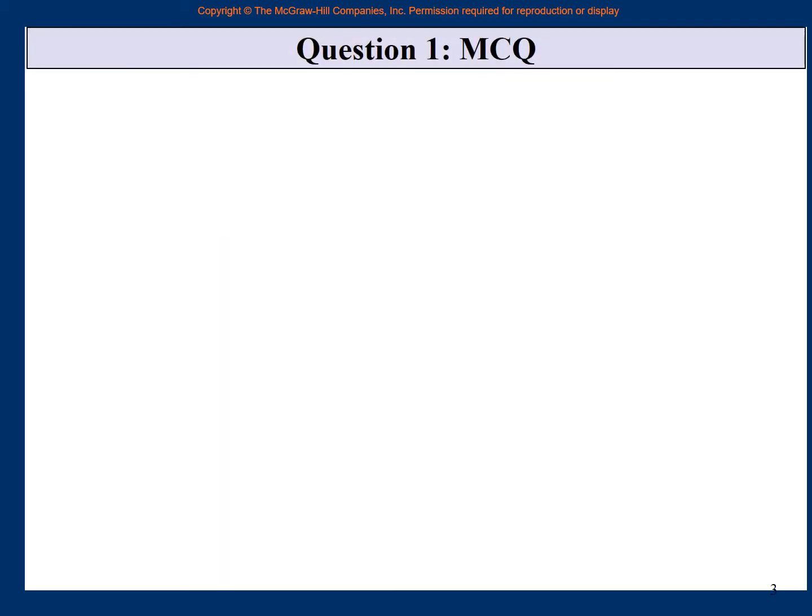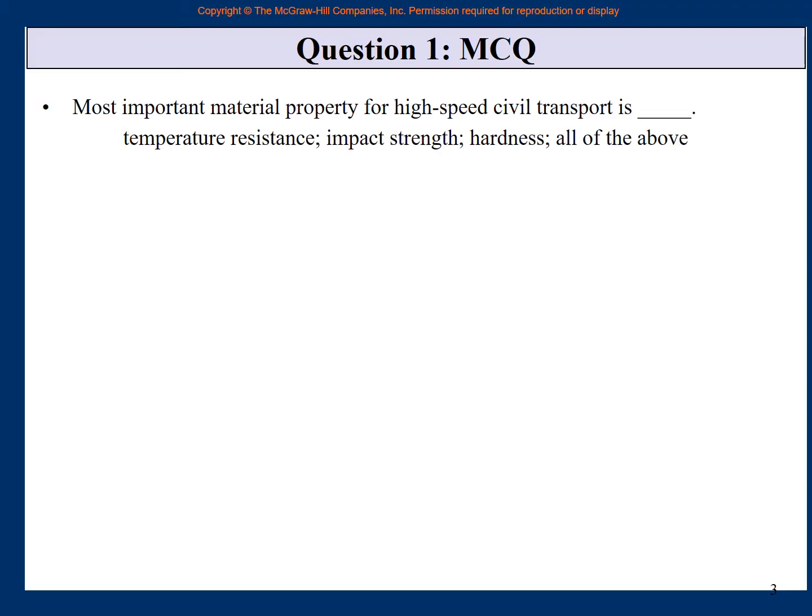The first question is, of course, the multiple choice question from different chapters. Most important material property for high-speed civil transport is what? Temperature resistance, impact strength, hardness, all of the above.